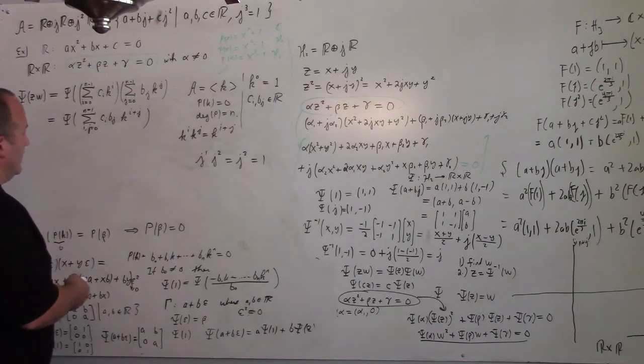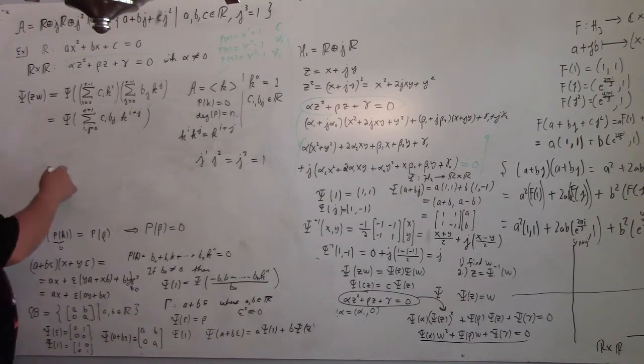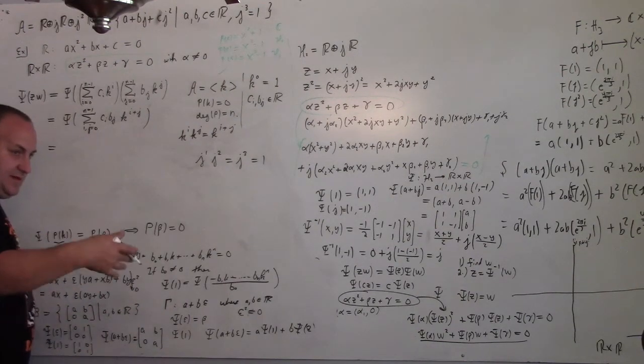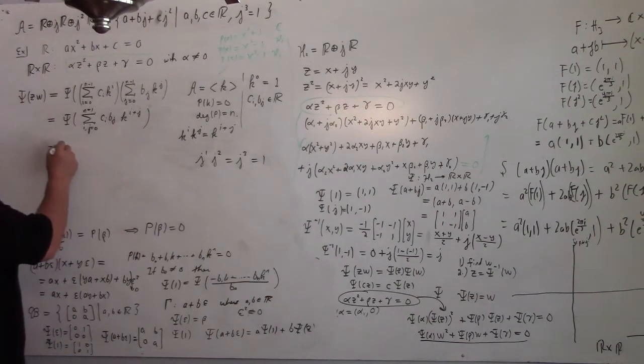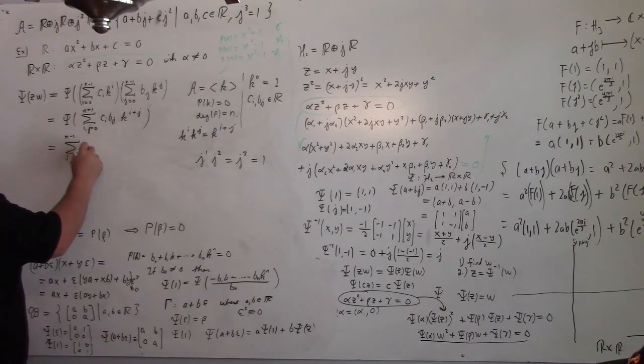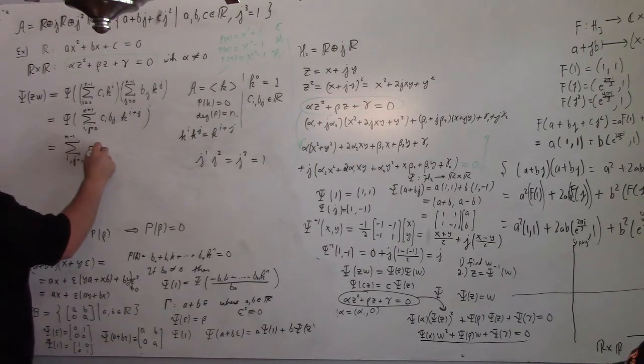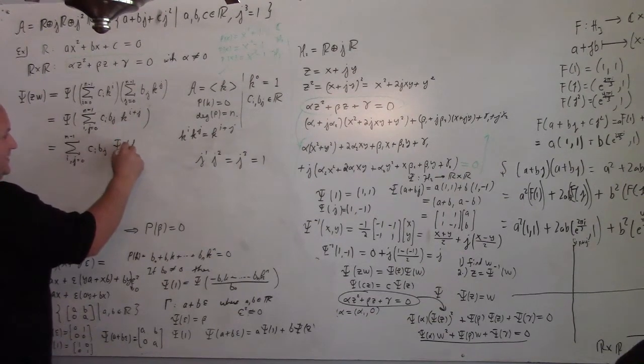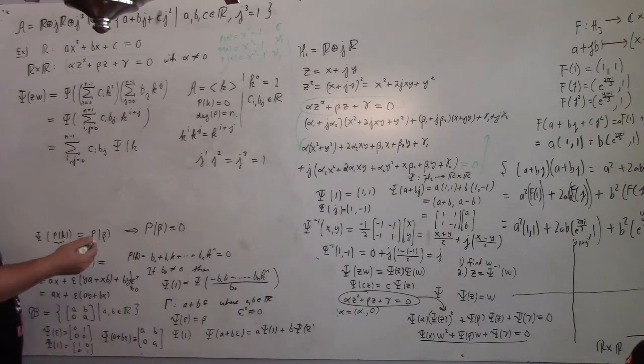Okay. So by the definition of our map, we extend linearly and across products, which means I can pull the sum out. I can pull the constants out. And then I have psi of what? k to the i plus j, right? Let me just get to the point here.